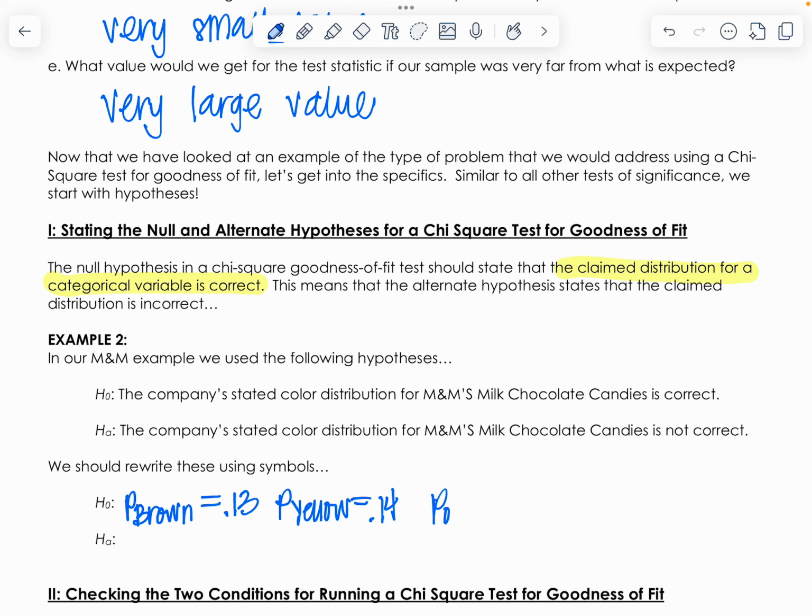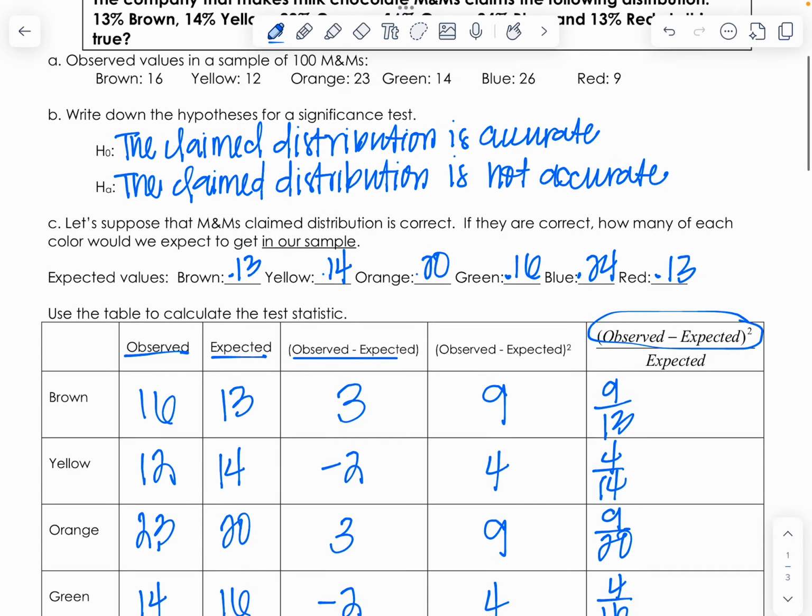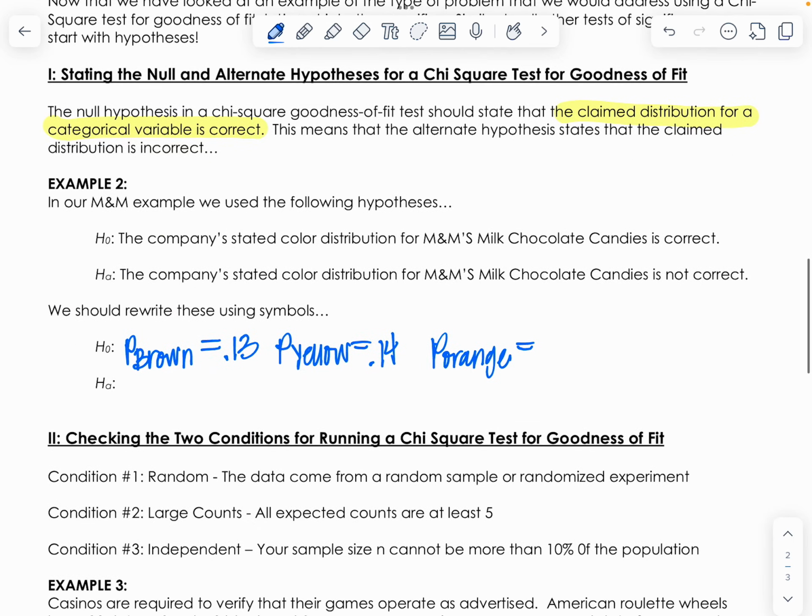The percent of orange is 23%. I'm just going to write etc. here.